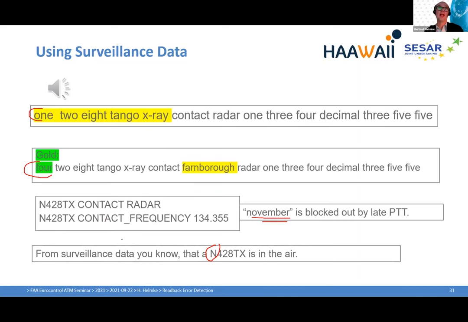Because we know from the surveillance data that only November 428 Tango X-ray is in the radar data. So this is the nearest match, and this helps really to reduce error rates.